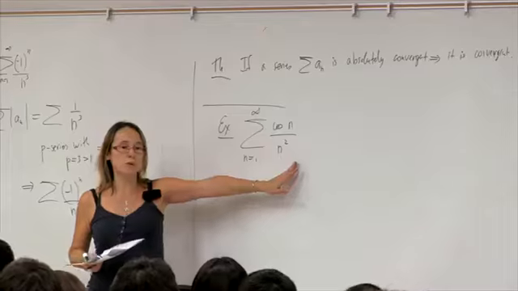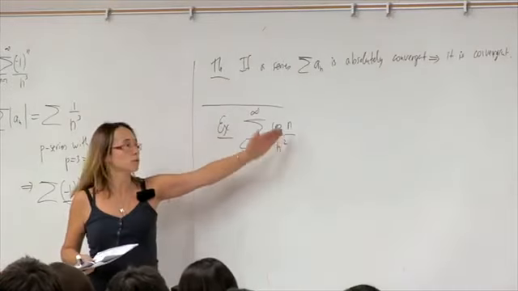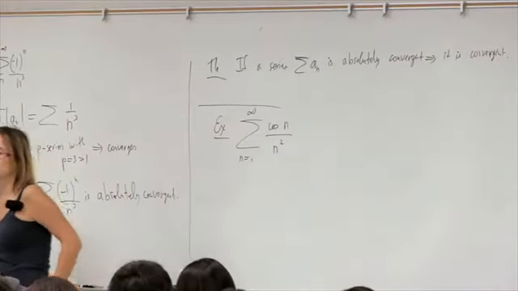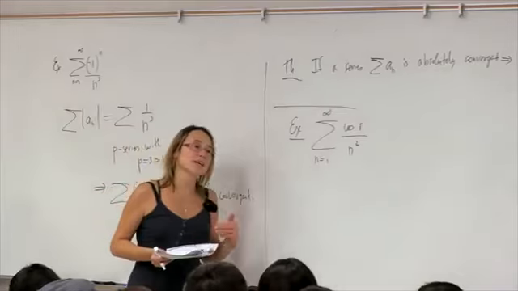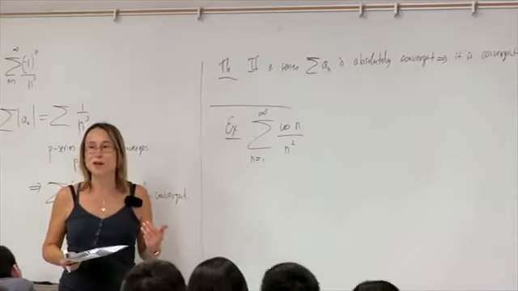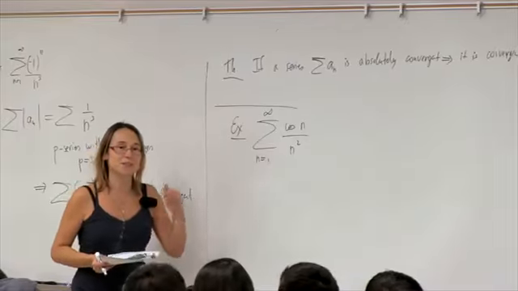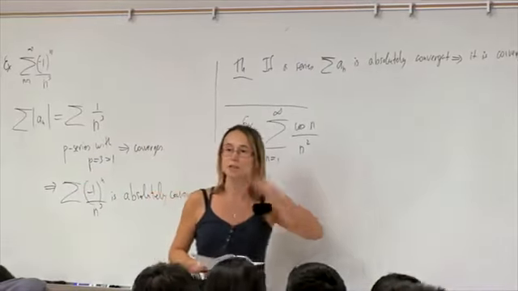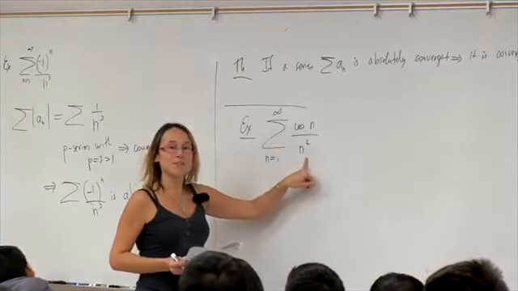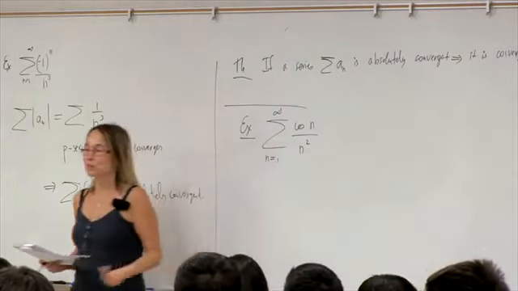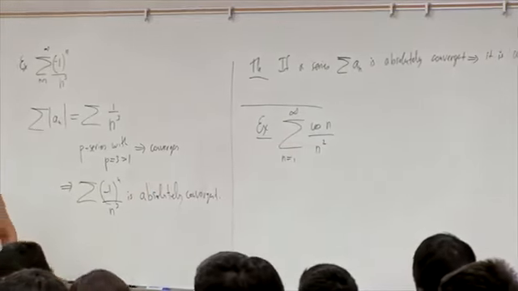Some of them are going to be positive and some negative, because we have a cosine and it takes various values between -1 and 1. But we cannot say that this is an alternating series, because for an alternating series, the sign has to change every step, plus to minus, or the other way. Here, we don't have that.